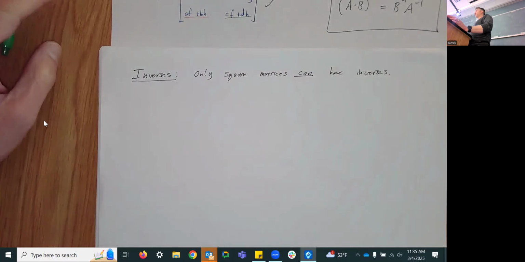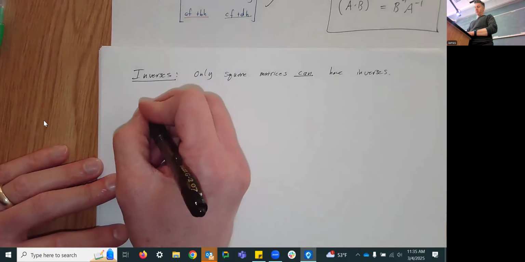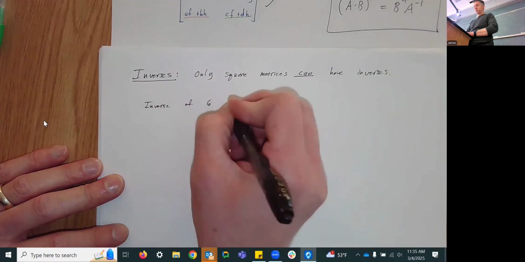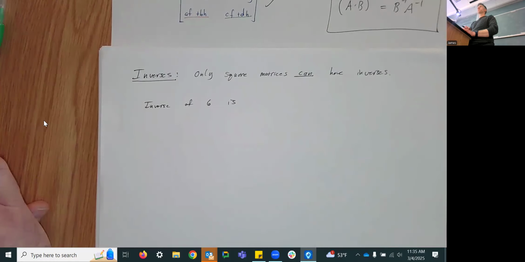So for real numbers, the inverse is pretty straightforward. Like, what's the inverse of 6? Let me be more specific. What's the multiplicative inverse of 6? I know I'm using words that might not be super familiar to you, but just think about the inverse. What is the reciprocal or inverse of 6?